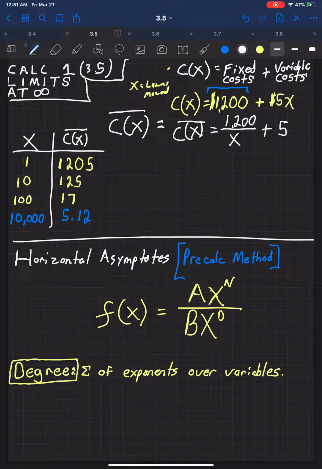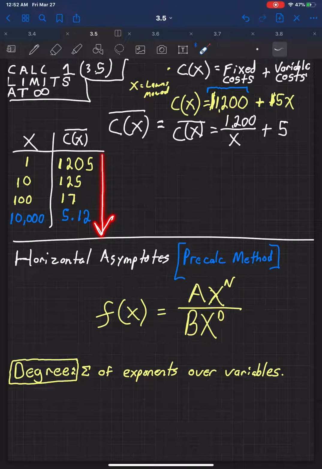Now, all of this, because remember, the topic right now is a precalculus and intuitive look at horizontal asymptotes. But all this to ask the following question. Ready? If you keep letting X get larger, what is your average cost function approaching? Let me rephrase that.